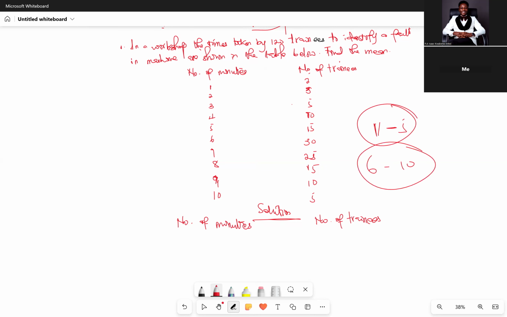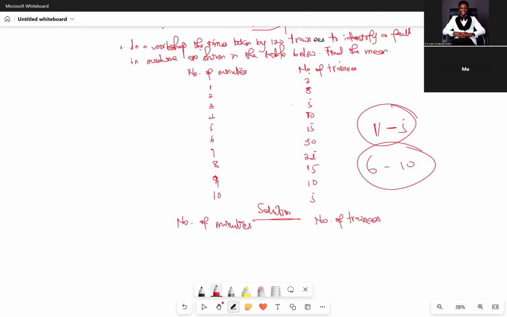The kind of distribution table is identified from how it was presented in the question. In this question, it's not grouped. Was it arranged like 6 to 10, 1 to 5? No. Have I answered the question?